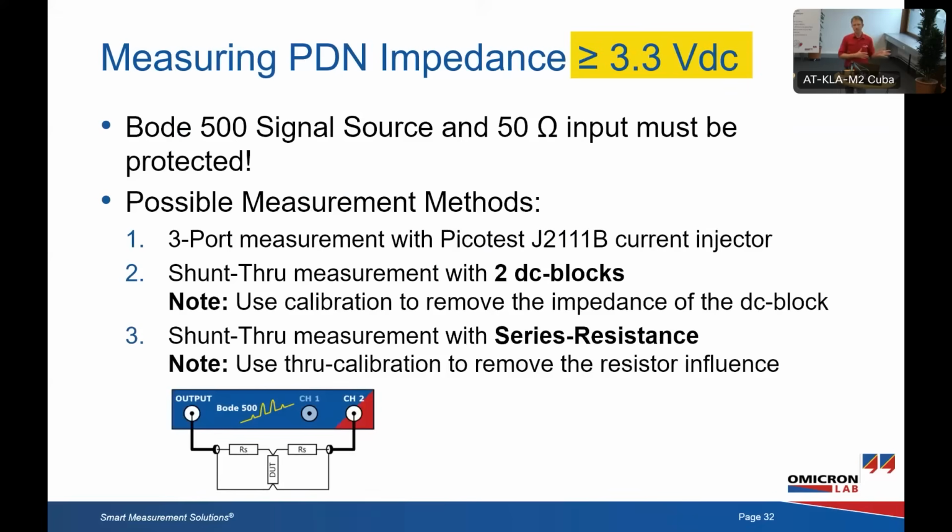That will, of course, limit the lower frequency that you can measure. Or you could use the shunt-through measurement with series resistance and use through calibration to remove the influence of the resistors. And that's basically what you need to do when you use the Picotest PDN probes in a 2x, 3x, or 10x configuration.